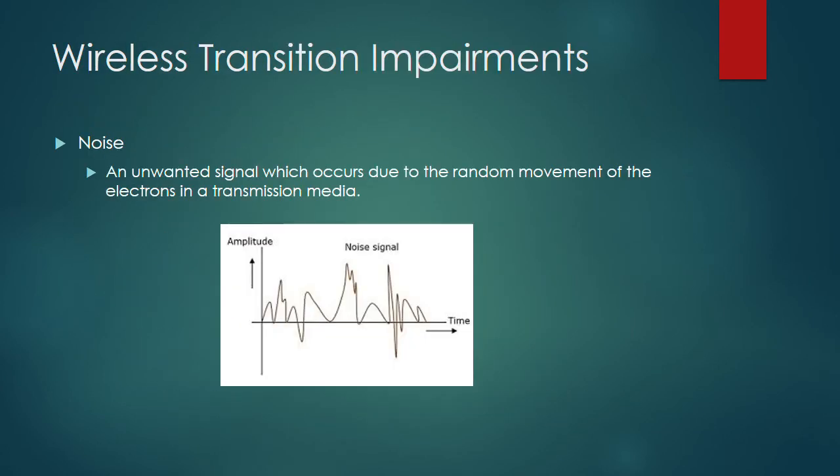Those are the things that happen in wireless communication. But in wired communication, in copper conductors, there are crosstalk and impulse noise. Those are the noise factors.